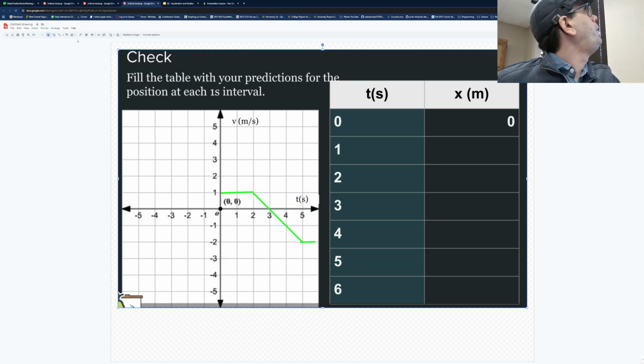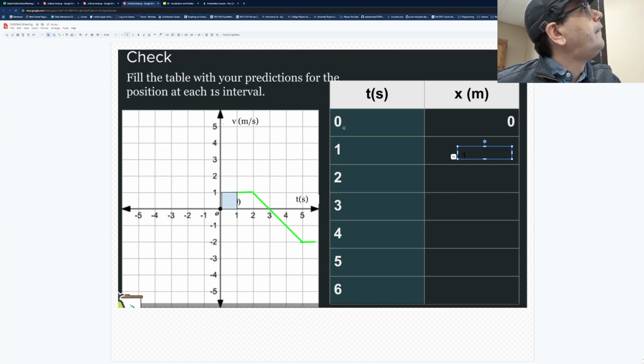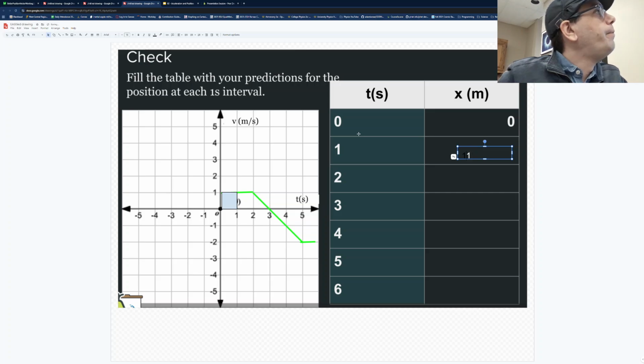Okay, so we talked about finding the area between 0 and 1 second. So that's that area right there. That area is 1. So our value is 1.